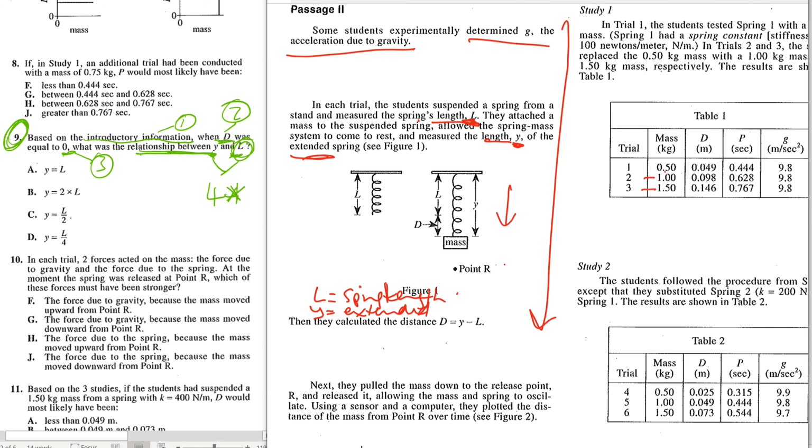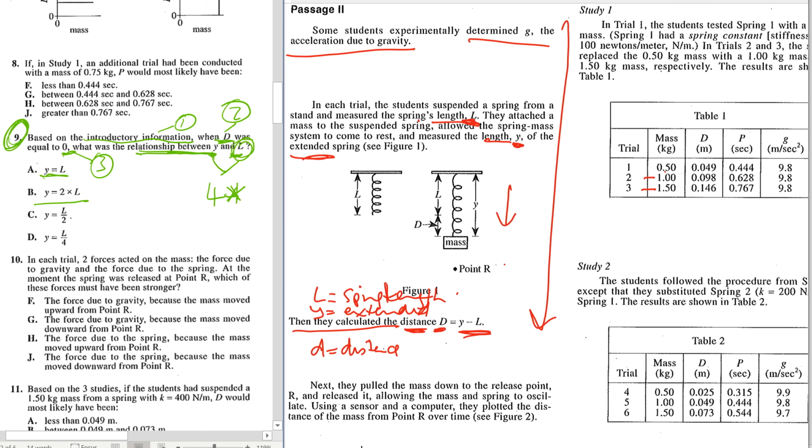And then they have the little diagram, and then they calculated the distance d, so d equals distance, and it's y minus L. Alright, so we've got that information. So our answers are y equals L, y is 2 times L, y is L divided by 2, y is L divided by 4.